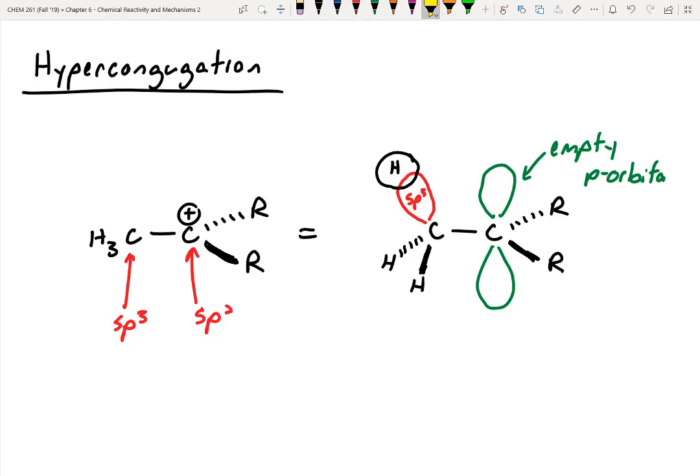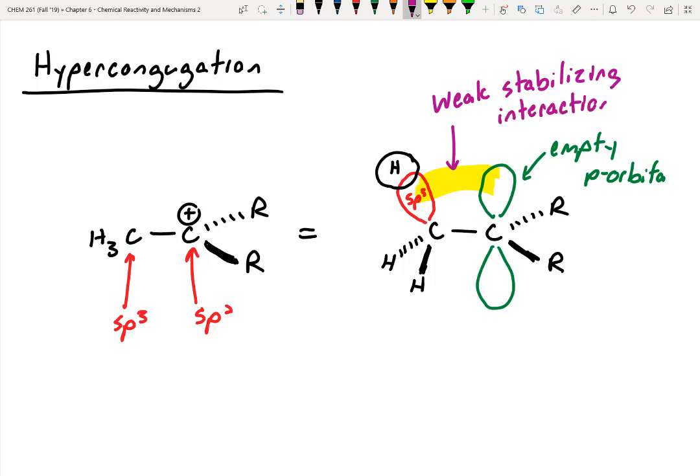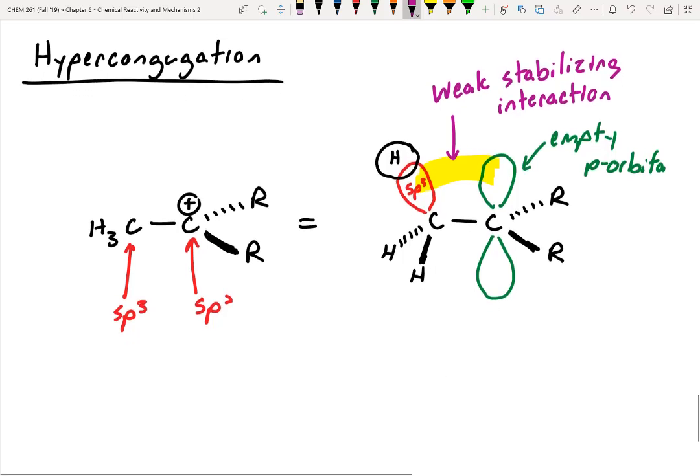All right, so when an sp3 lobe is in close proximity to an empty p orbital, you actually get weak overlapping interaction, a weak stabilizing interaction. So what does this tell us? It tells us a few things.